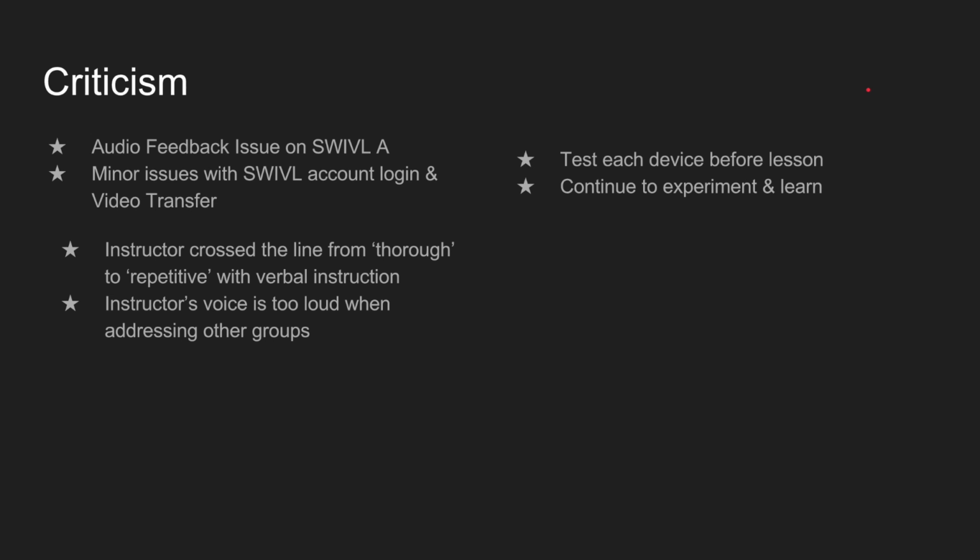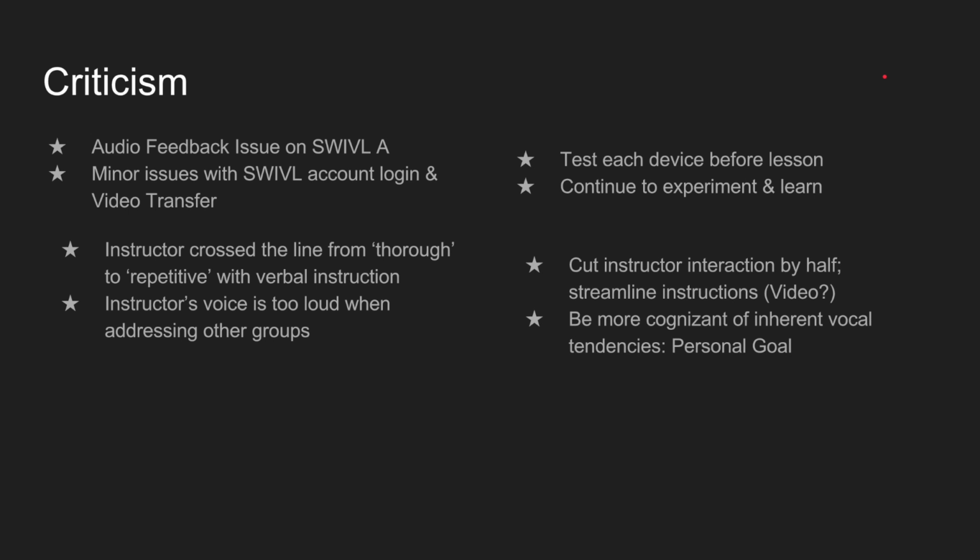On a personal note, the instructor obviously crossed the line in this lesson between thorough and repetitive. My voice is also way too loud. When I'm talking to other students in the room, offering assistance or giving instructions, I'm picked up on all the microphones and most certainly interfering with the students' work. They're just too polite to say so. First of all, I need to cut my verbal instruction by about half in this lesson.